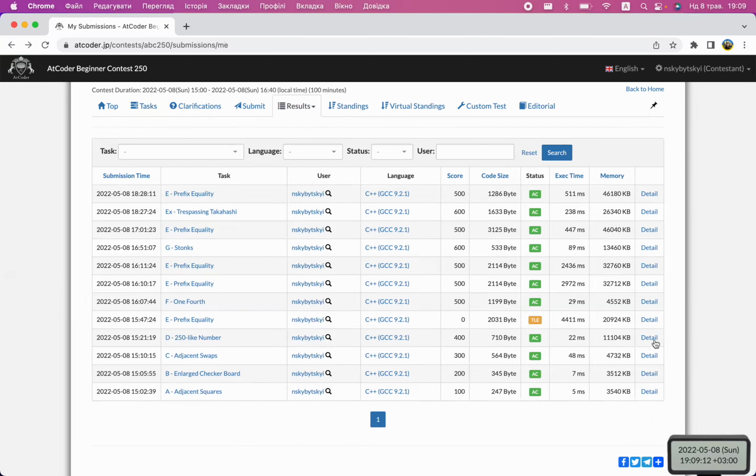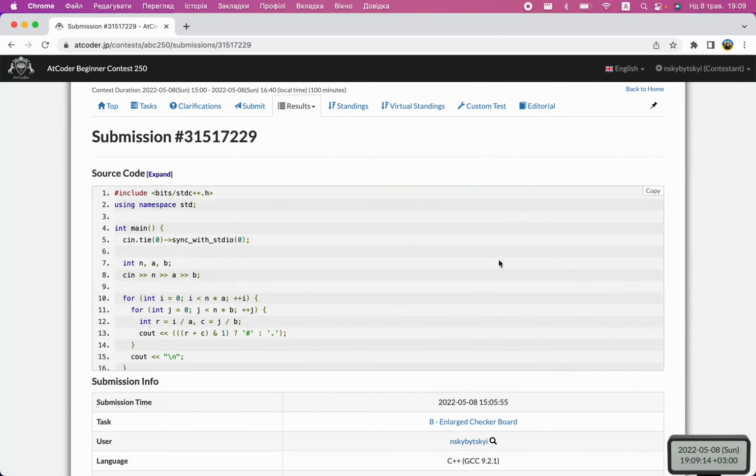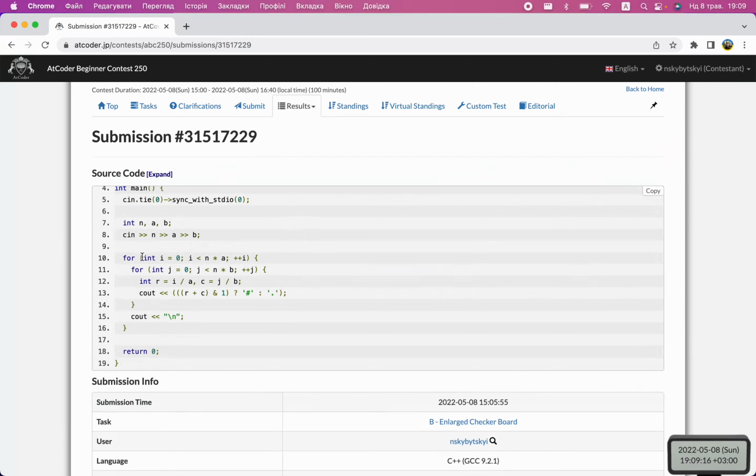So this is still obviously just an exercise. The way I did it, I iterated over all coordinates. So row goes up to N times A and column goes up to N times B. And then you can restore the coordinates in the original N times N board by dividing by A and B respectively.